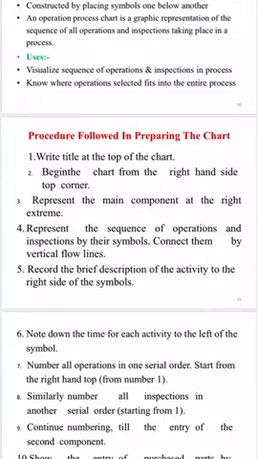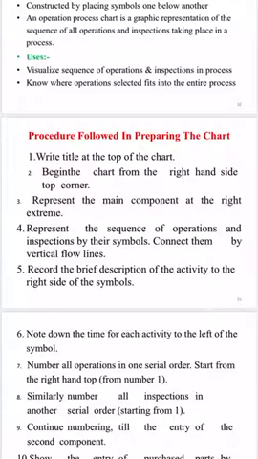It means that if the first activity is related to the operation, then we put the circular symbol on the right hand side top corner, followed by inspection, for which we put a square symbol below the circular symbol.